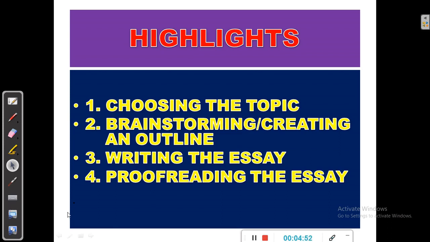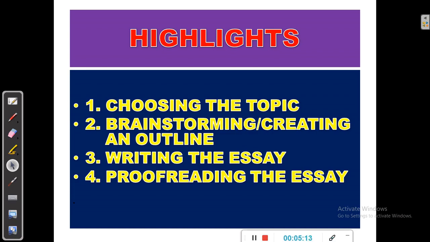We are looking at the 4 steps that need to be taken, and the first one is choosing the topic. Number 2 is brainstorming and creating an outline. Number 3 is writing the essay, and number 4 is proofreading the essay.